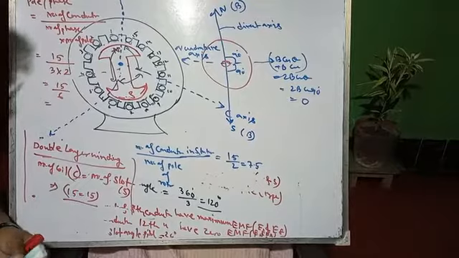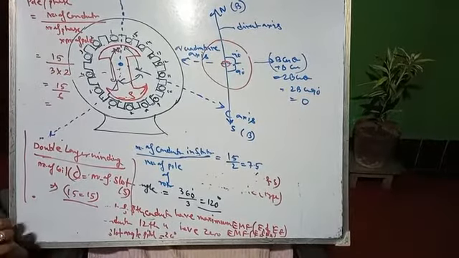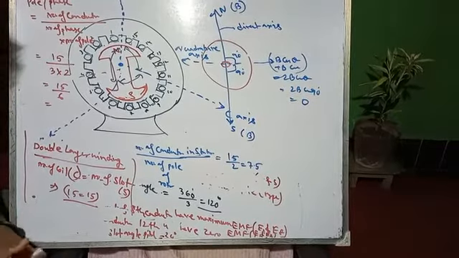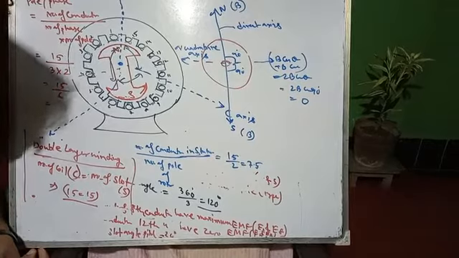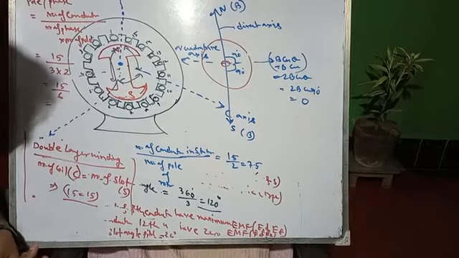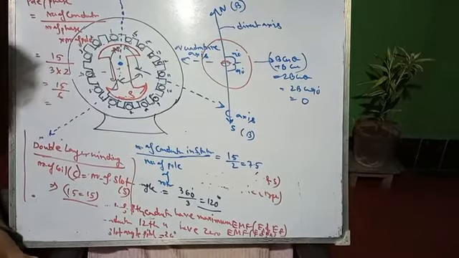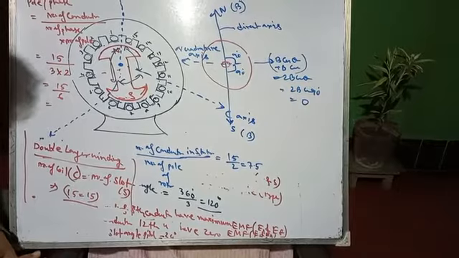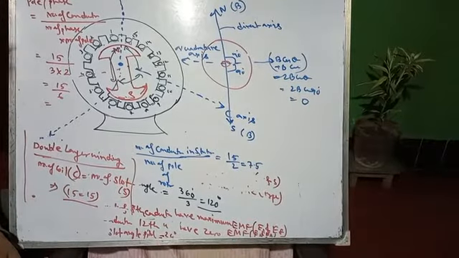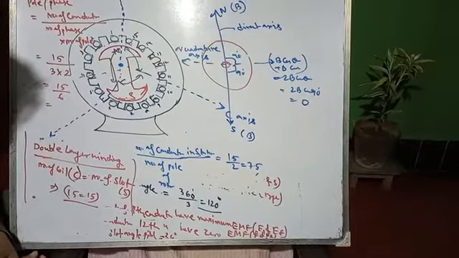A very small problem: a 3-phase winding with 36 slots and 4 poles is an integral slot winding.